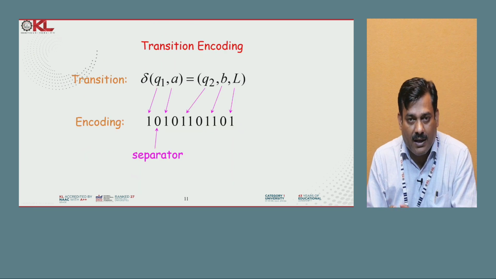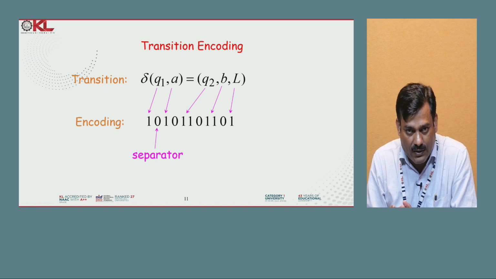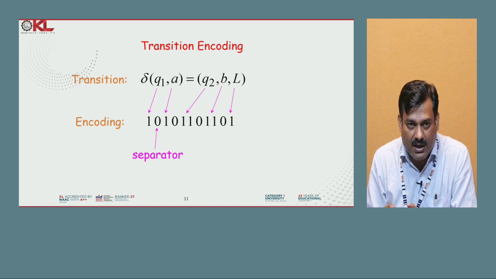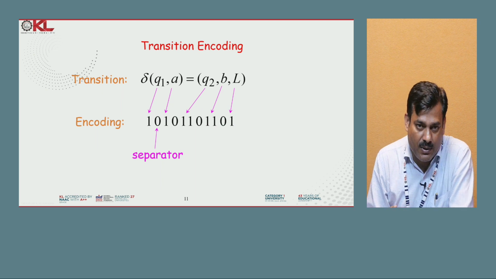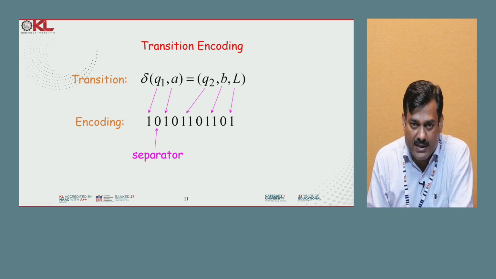So if we have any transition function, how will we encode this transition function into a string of 0 and 1? We can see here we have the transition function delta of q1 comma a equals q2 comma b comma L. We have already seen the code for q1 is 1, the code for a is 1, the code for q2 is 1 1, the code for b is 1 1, and the code for L is 1, and in between all of them we use 0 as a separator.